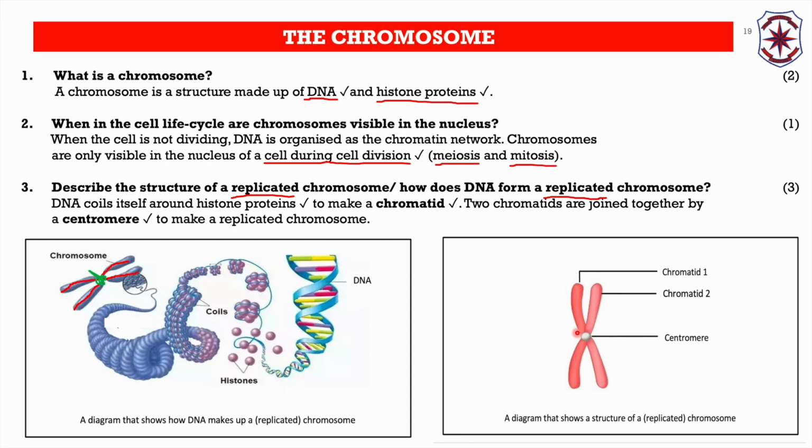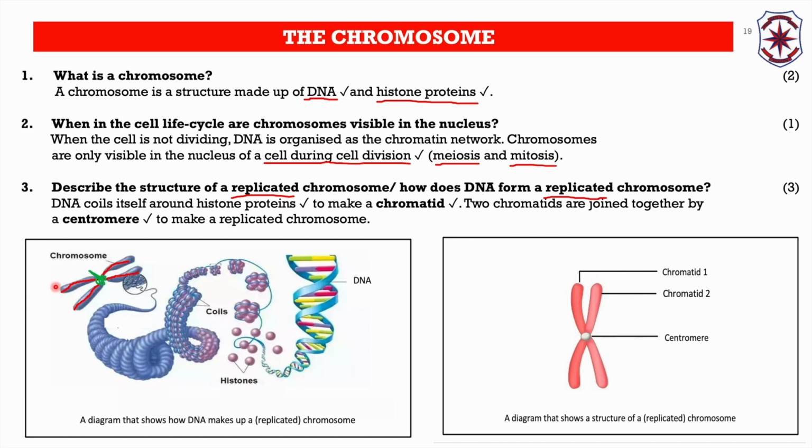So to repeat, a chromosome is made up of two components, DNA and histone proteins. So how is DNA organized within a chromosome? The DNA that you see over there will coil itself or wrap itself around these histone proteins again and again to form two chromatids. And these two chromatids are joined together by a structure that is called the centromere.